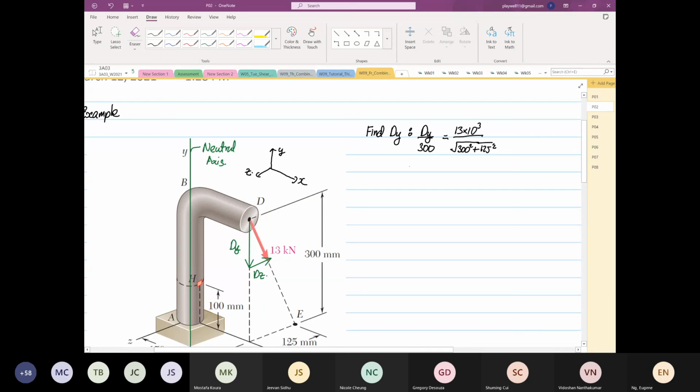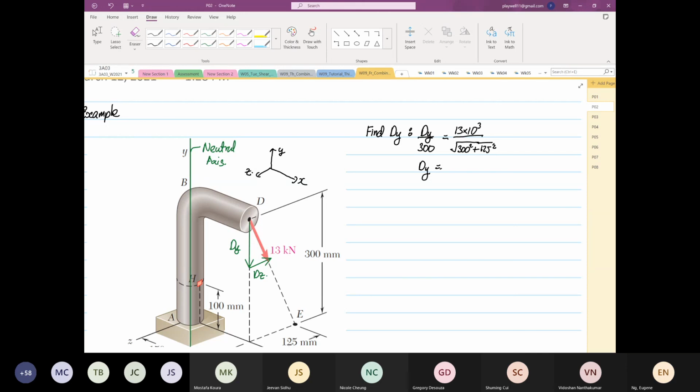Okay, so I'm using similar triangles. So this will be equal to 300 divided by the square root of 300 squared plus 125 squared, the whole thing square root. Hold on, I'm lost with my calculator.